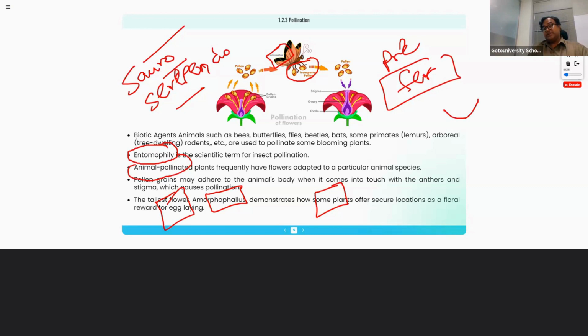So the insect eggs are placed properly, so that the egg will develop into a new insect once it is hatched. Here in this context, this egg is not a plant egg. This is the insect egg laid in the Amorphophallus plant. So be very careful about what they are saying.